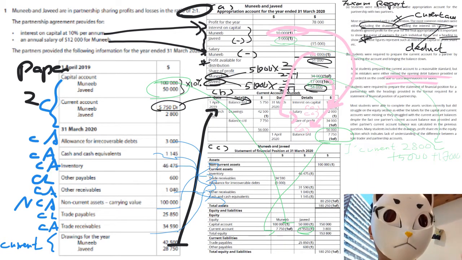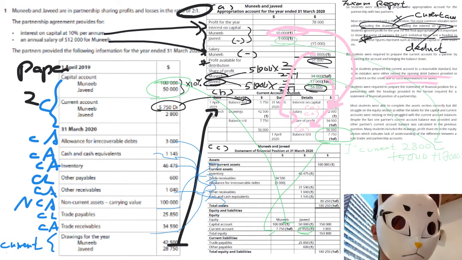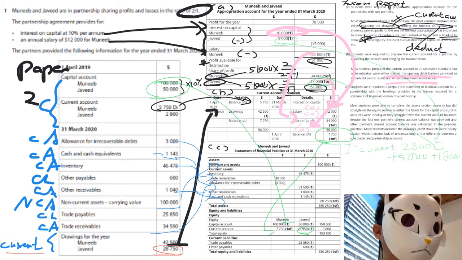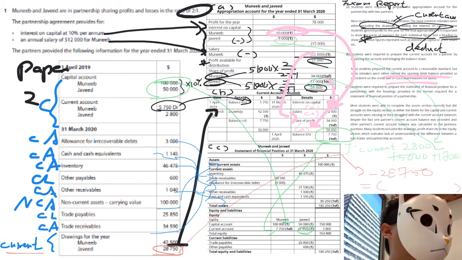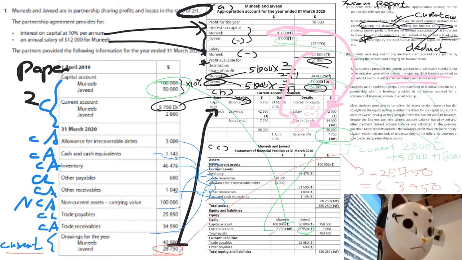And don't forget the most important one, the drawings, as I put here. You have to minus the drawings, minus 28750. Then you will have a negative number, 3950.